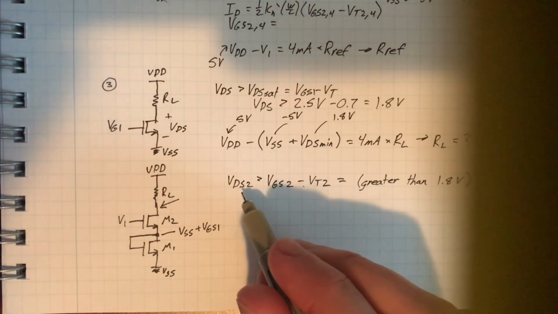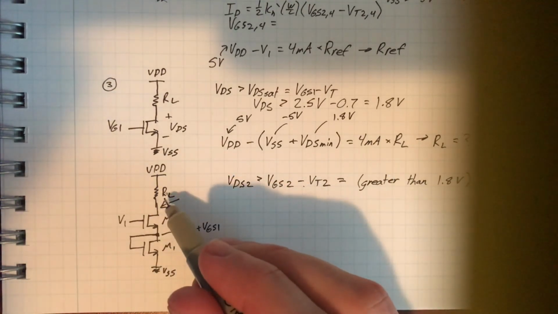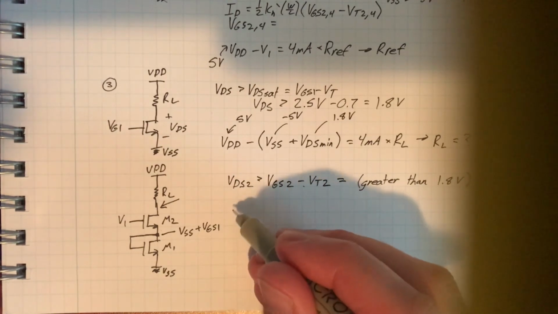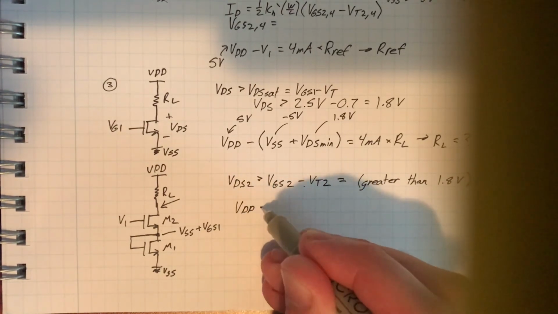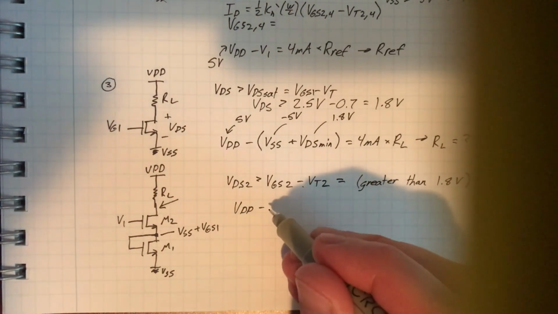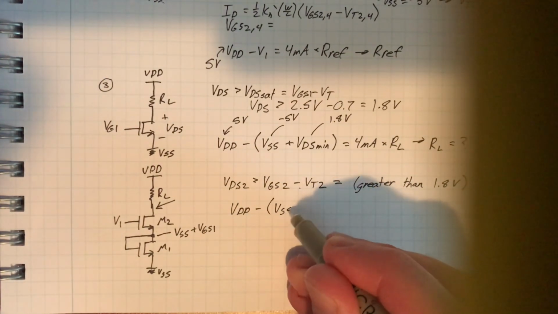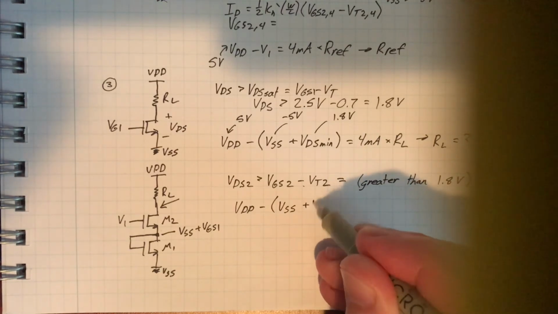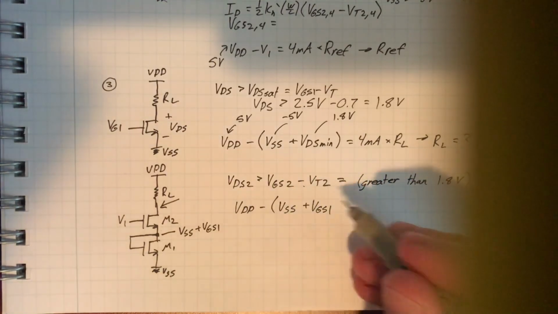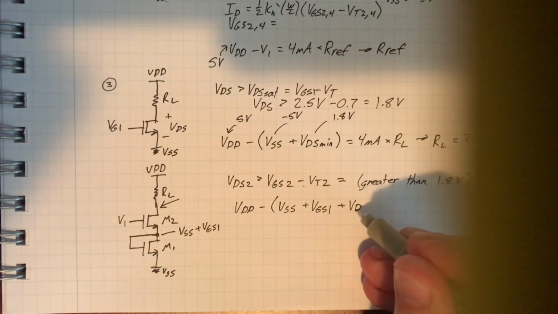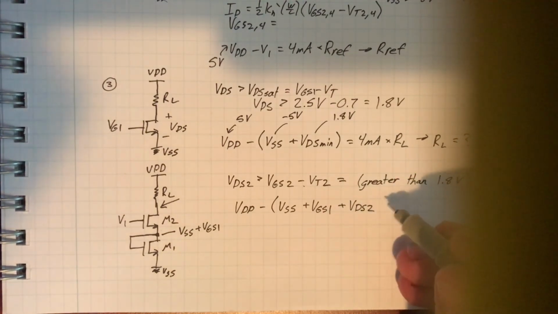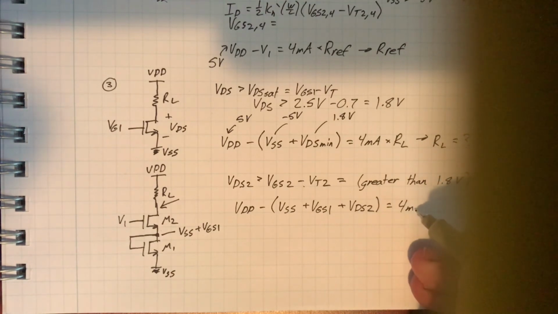So once you know what VDS2 is, you can calculate RL again using Ohm's law. So VDD minus this voltage here, which is VSS plus VGS1 plus VDS2, equals 4 milliamps times RL.